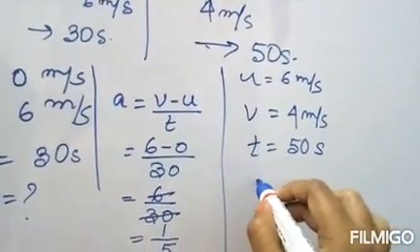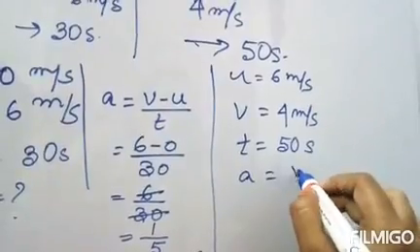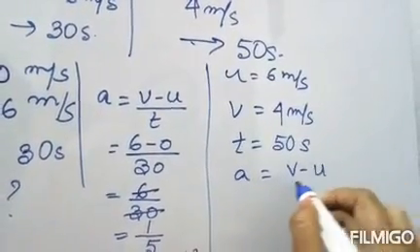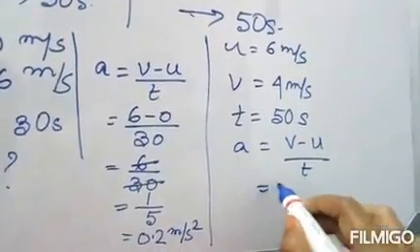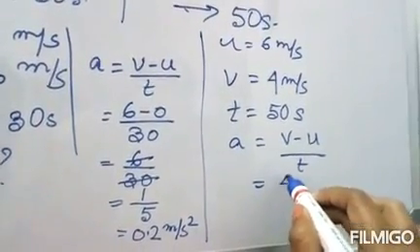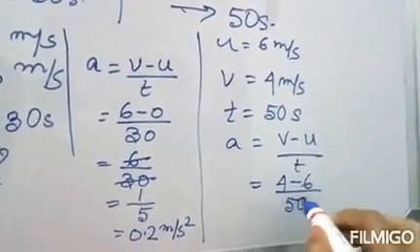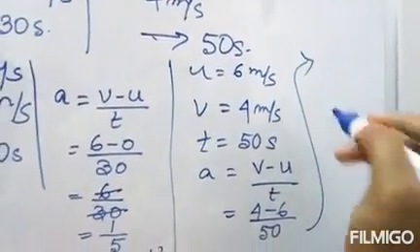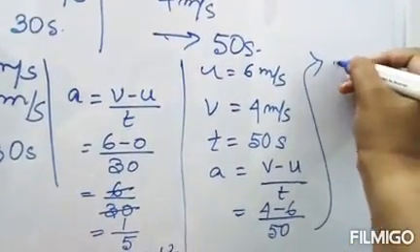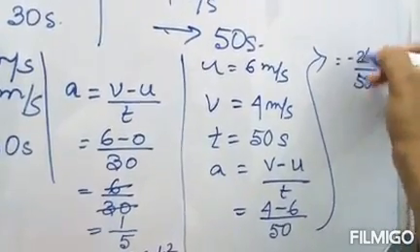So in this case your acceleration will be again final velocity minus initial velocity by time, which means 4 minus 6 by 50. Now 4 minus 6 means minus 2. Minus 2 by 50. Correct?